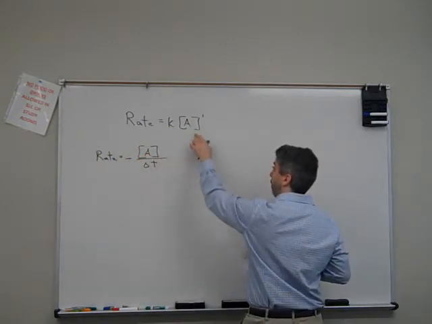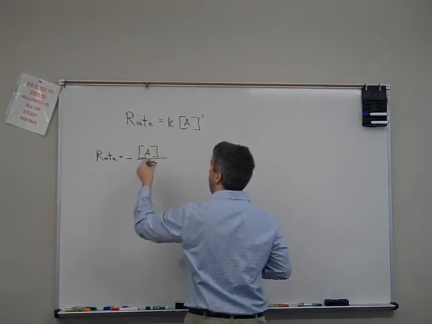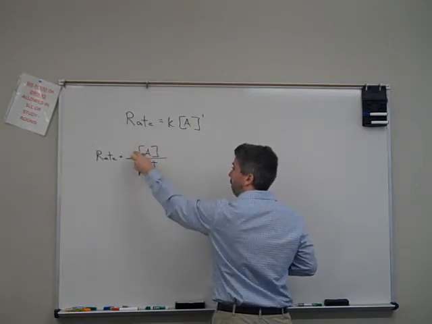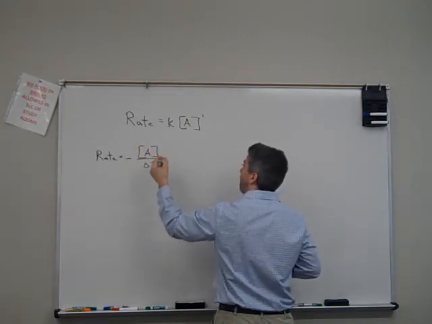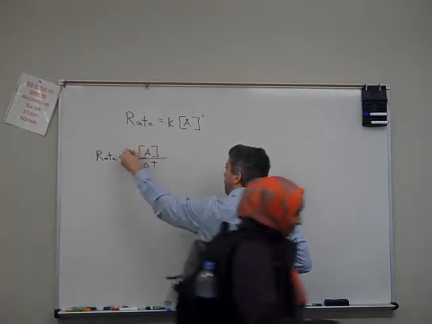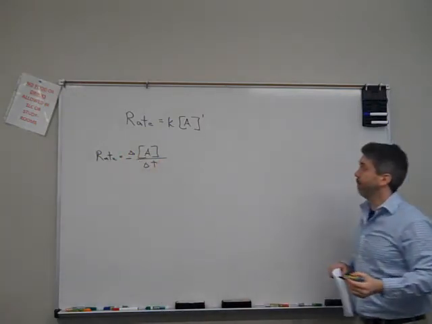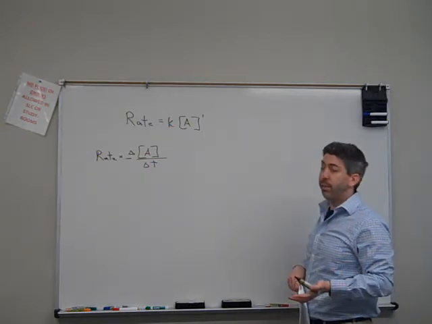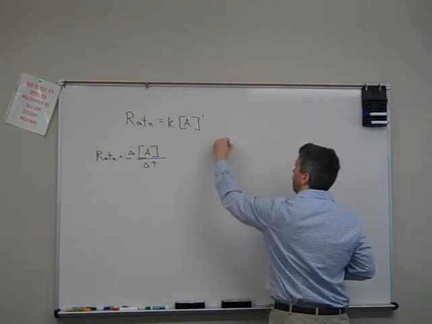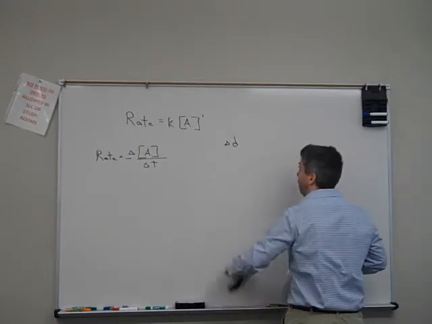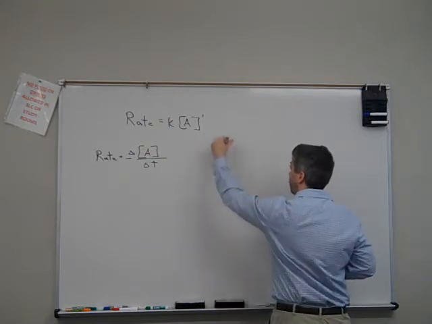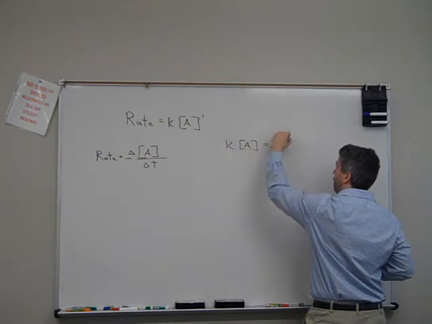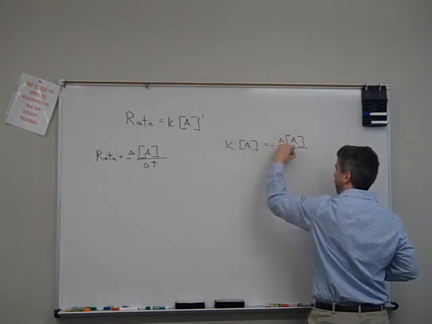And specifically because this is a first order rate law, the equation you're dealing with would probably only have one of these, so it would be 1 over 1 as the fraction, times delta A over delta t. So you can set these two rates equal to each other, and you get k[A] is equal to negative delta A over delta t.